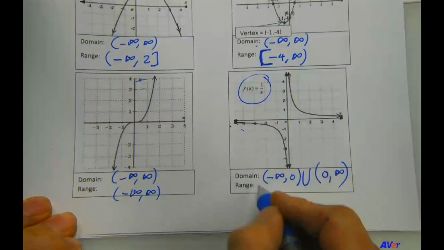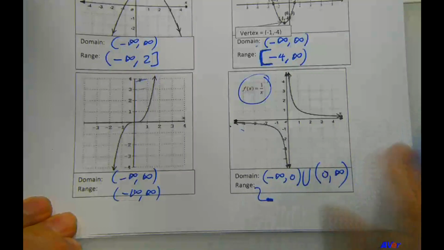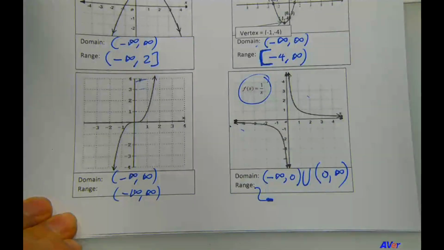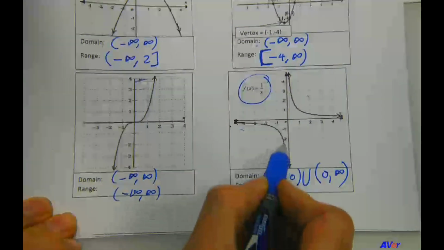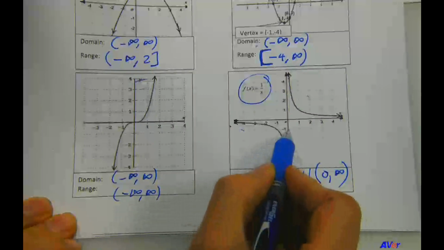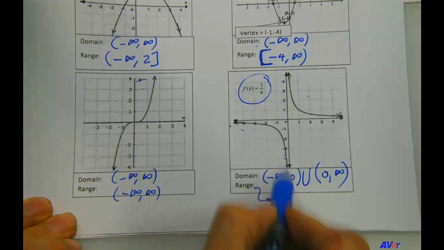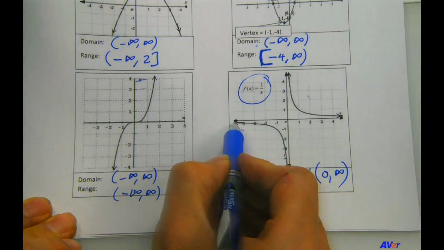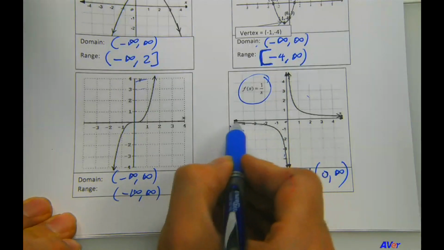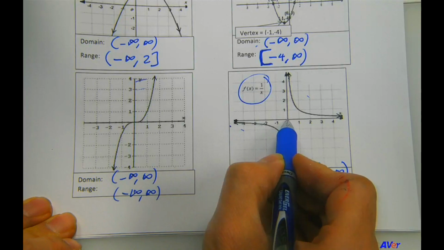Okay, how about the range? So let's look at the behavior of this graph, both pieces that is, with respect to the y-axis. This piece comes up from negative infinity with respect to the y-axis, right? Not x, y. It comes up from negative infinity and it approaches some y value as it curves. When it curves, what y value is it approaching? Y equals 0.